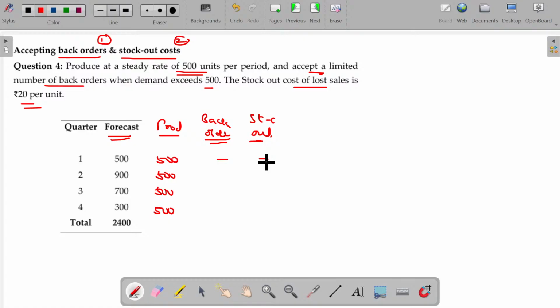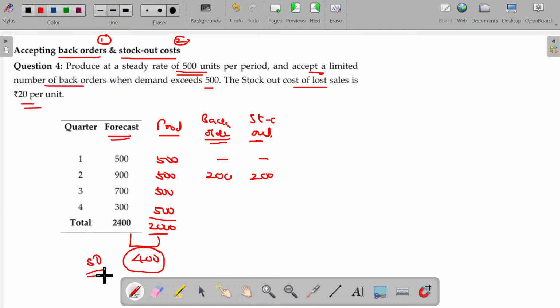Second quarter 900, but we produced only 500. So we can say, sir, we can give 200 in the next month. What about another 200? Cannot be supplied at all. This will be stock out. From this it is very clear, definitely stock out should be how much? 400.